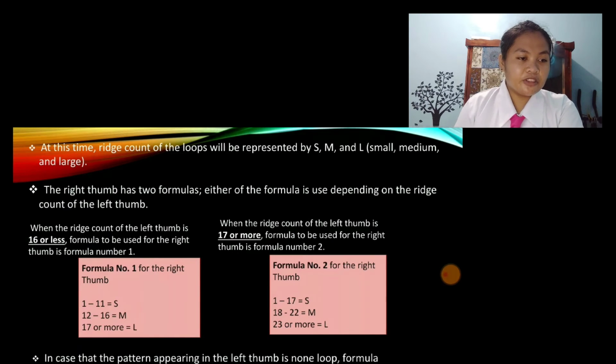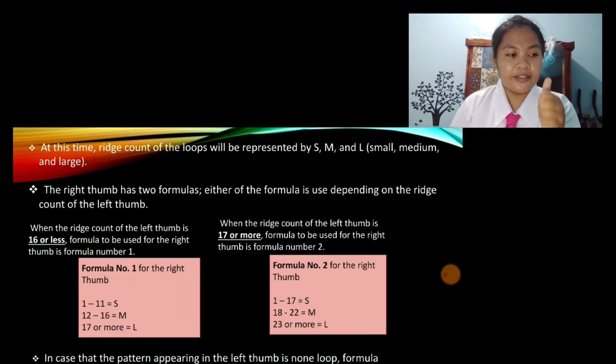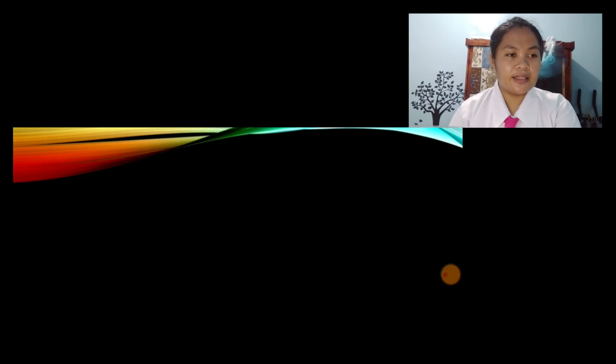In case the pattern appearing in the left thumb is a non-loop, formula number 1 will be automatically used.